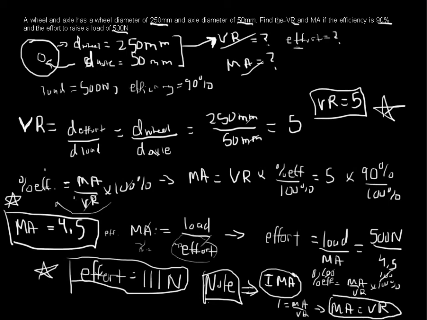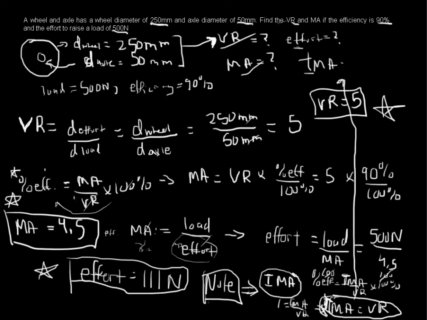So it saves you this step over here. Sorry, this is ideal mechanical advantage. If the question doesn't tell you anything about efficiency, you just assume that it's 100% efficiency, or that it's ideal mechanical advantage. So that could be one of the multiple choice questions: what is ideal mechanical advantage?